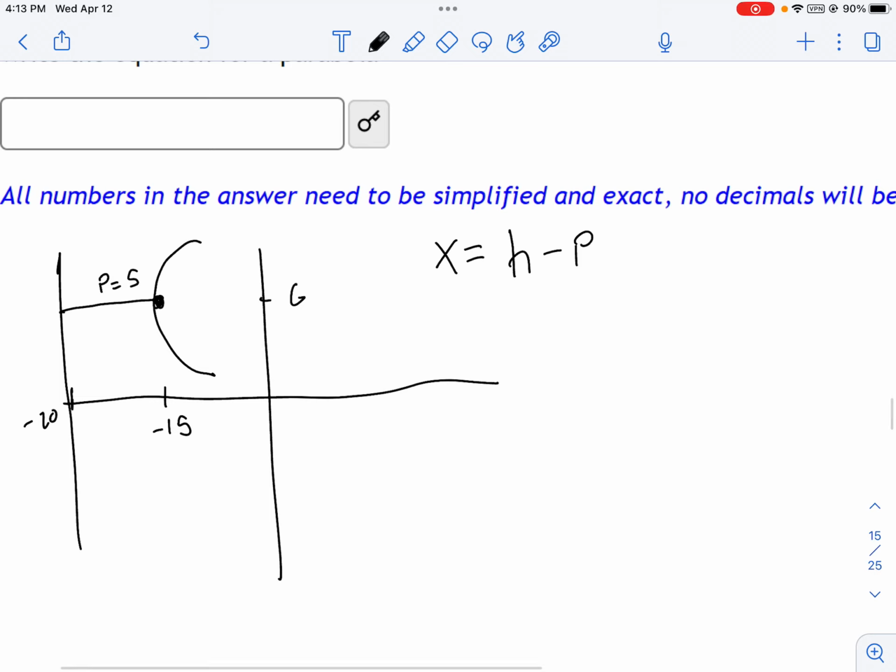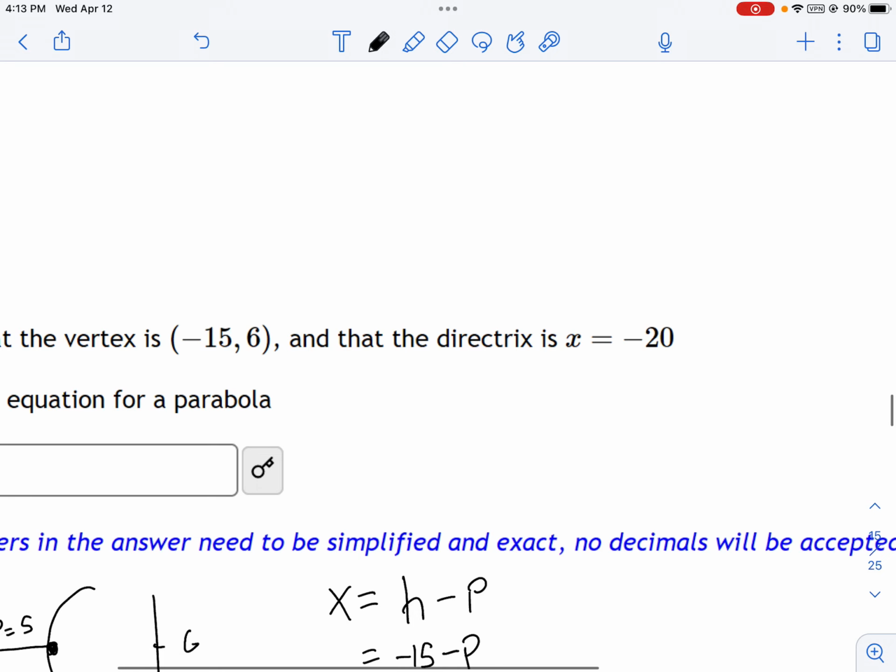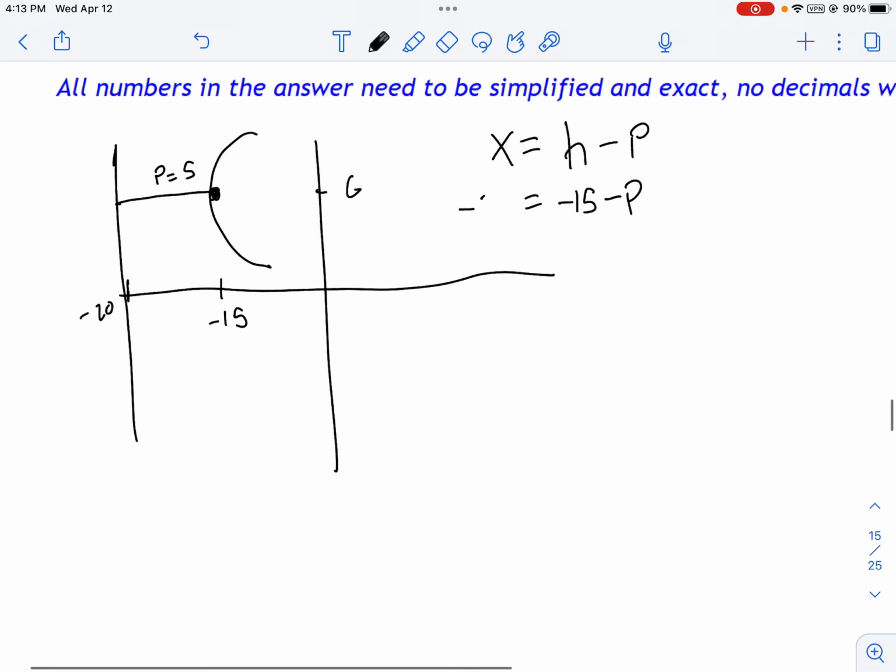Well, we know our h is negative 15, and the actual value of our directrix is h minus p, and we know the directrix is negative 20. So if we set that up as an equation, add 15, negative 5 equals negative p, so p equals 5. That's another way to do it, is to solve it like that.